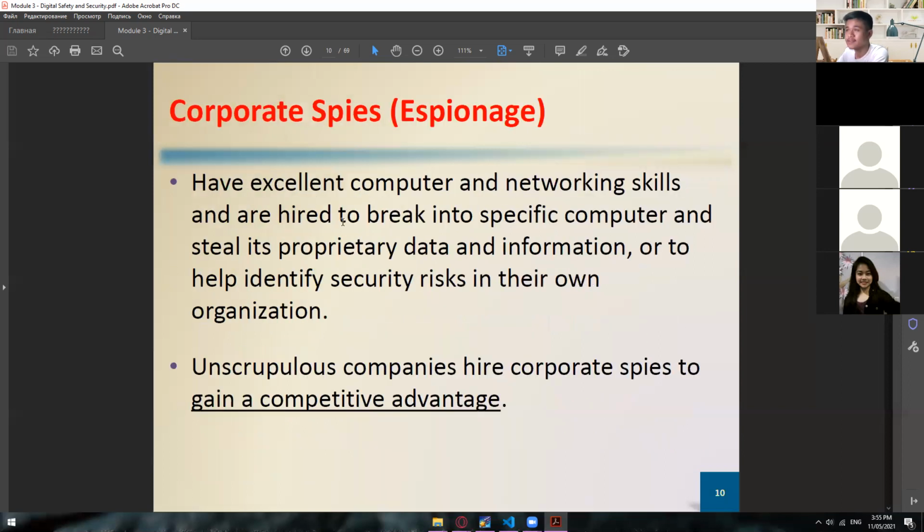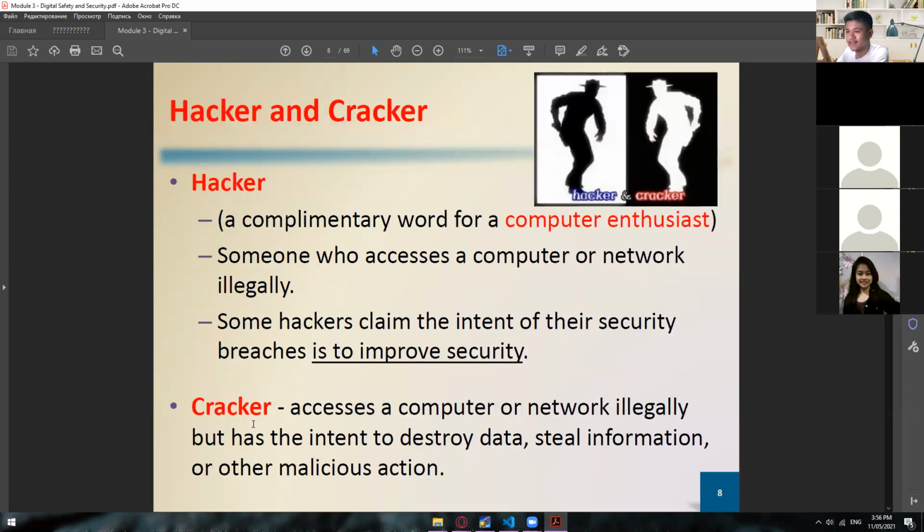All right, and then we also have corporate spies or espionage. From the words corporate spy, it is an employee who was hired by a certain company to spy on another company. They do this to gain an advantage over their competitor companies. Okay, so yeah, just a cracker.